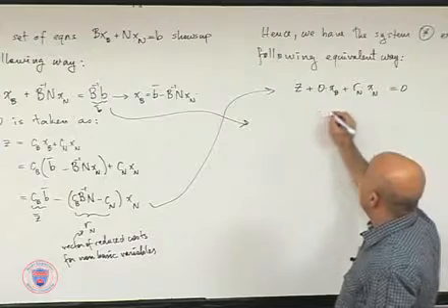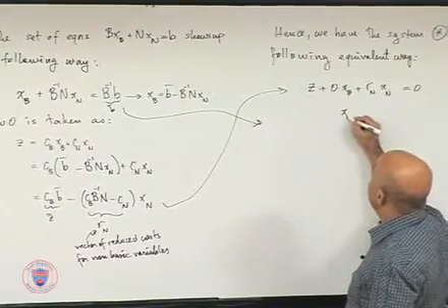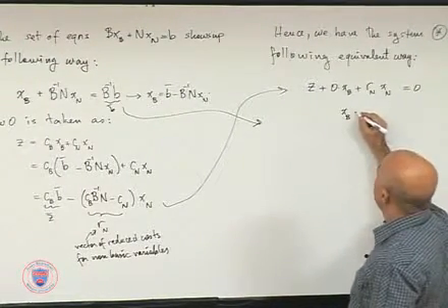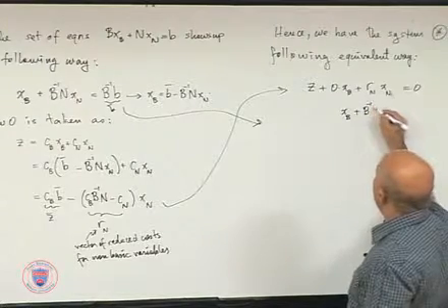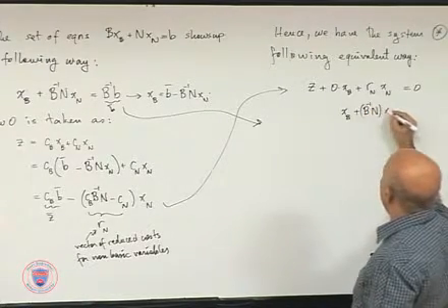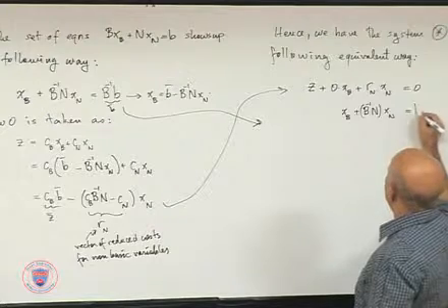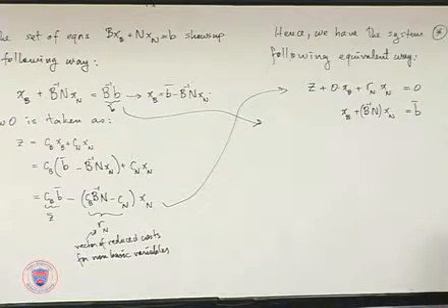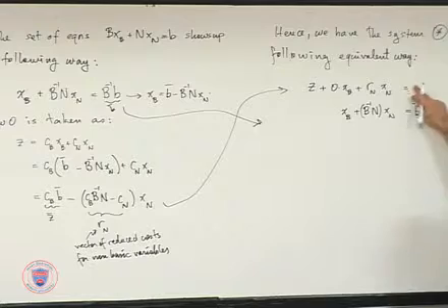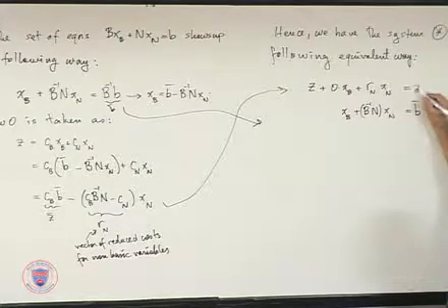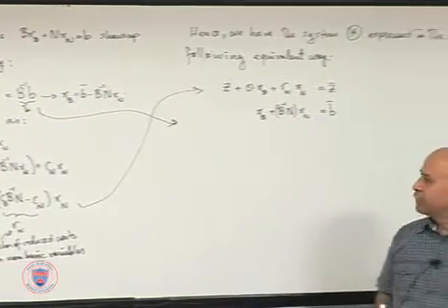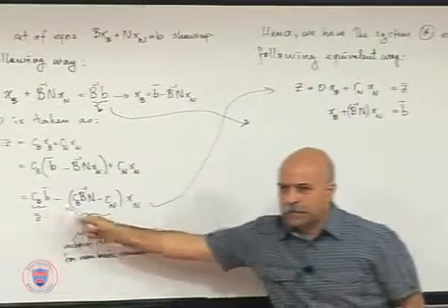And that tells me that we have identity times xb plus the matrix b inverse n times xn equals b bar. That's what we have. This is not 0. What is it? It's z bar, because we've got a z bar there, okay?